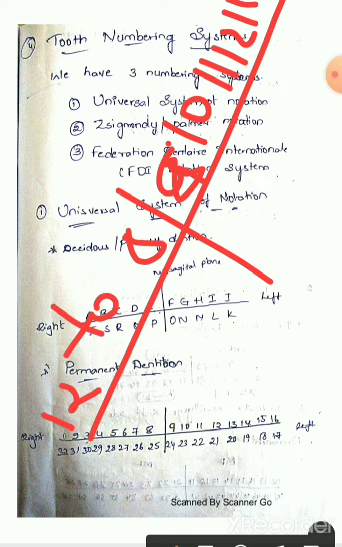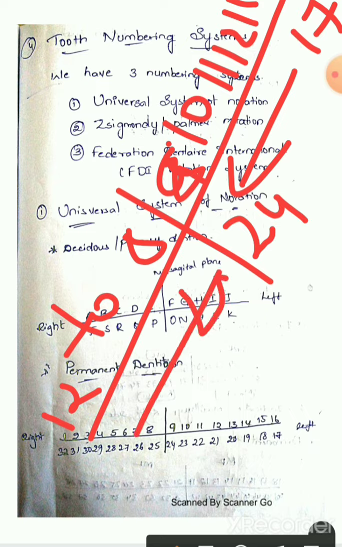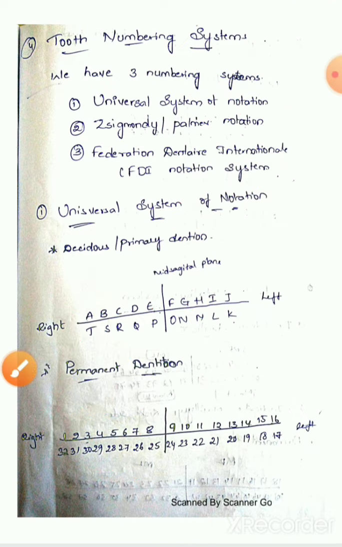So up to 16 represents the upper arch. Here also we write in reverse manner, 17 to 24 and 25 to 32. Even though it is easy to write, it is difficult to remember, so commonly we don't use it.